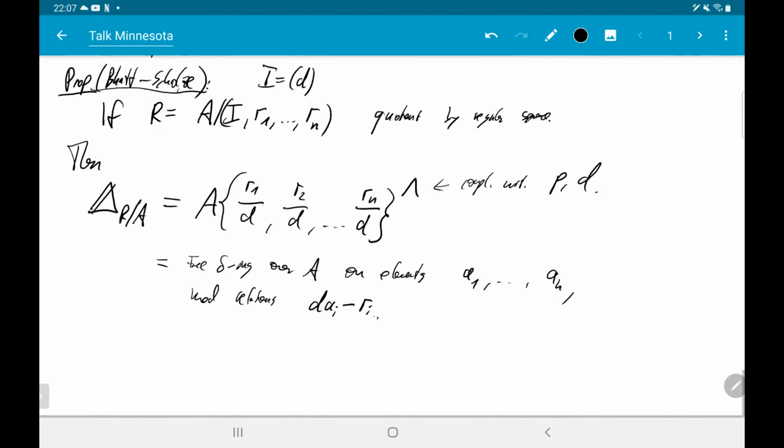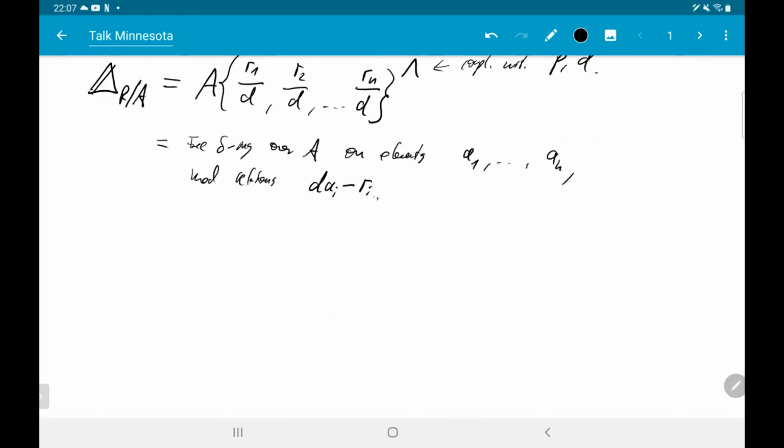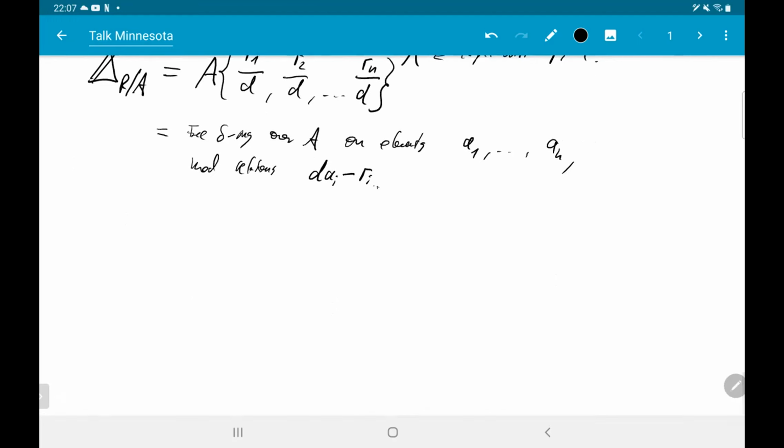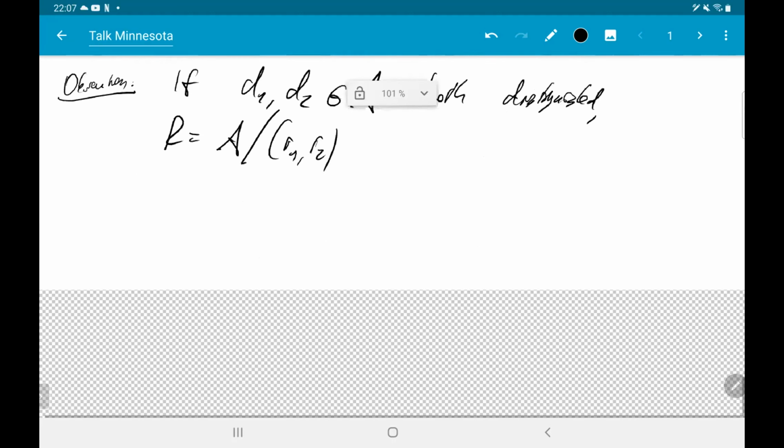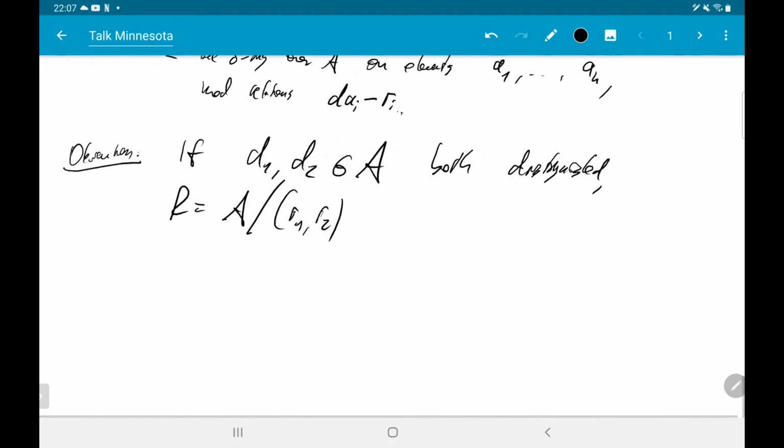Right. And so one crucial observation that you can make if you stare at this: if you have some example like a delta ring A and two elements that are both distinguished, and you consider R equals A mod D1, D2, then if I have two different distinguished elements, this gives me two different ways to consider A as a prism, right?